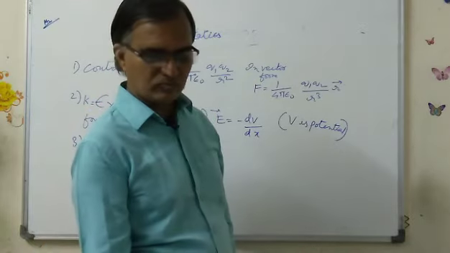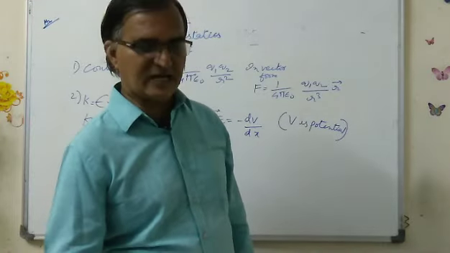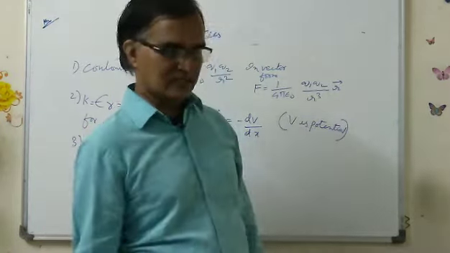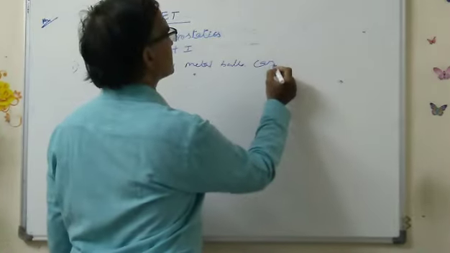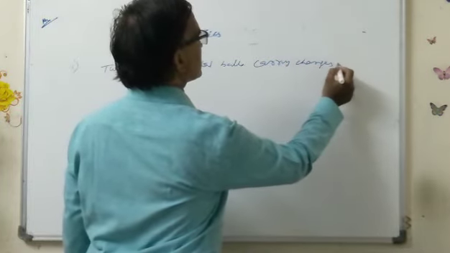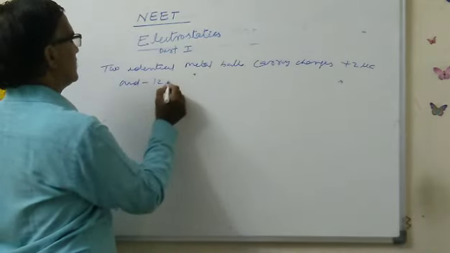Now here, we have first two identical metal balls that carry charges plus 2 microcoulombs and minus 12 microcoulombs.